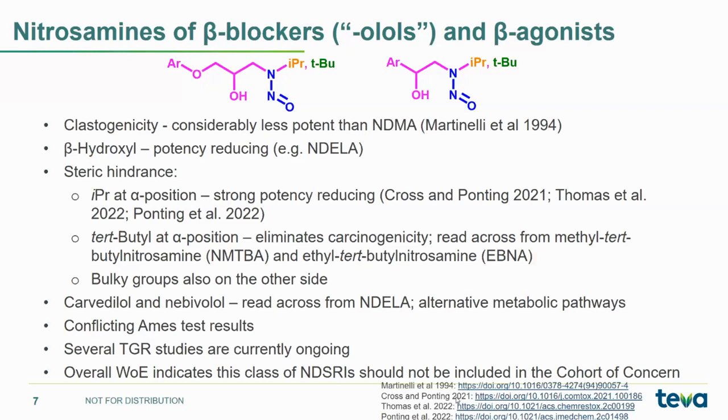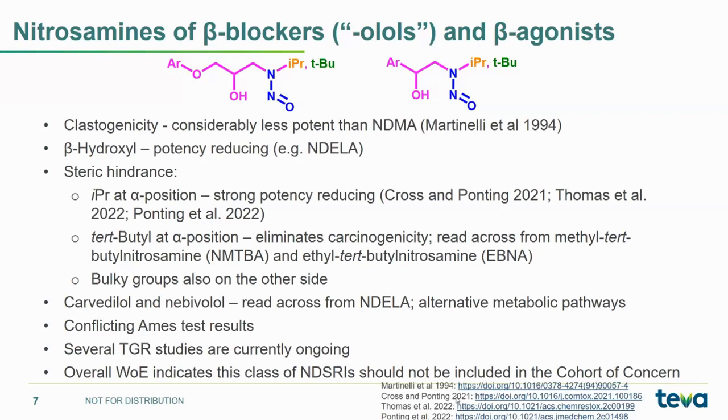The outliers, as I call them, those that don't have the bulkiness at the alpha position, still have other deactivating features. For instance, the beta hydroxy, as Naomi indicated, is an even stronger deactivating feature. The comparison of that would be nitrosodiethanolamine, which is a very weak carcinogen.